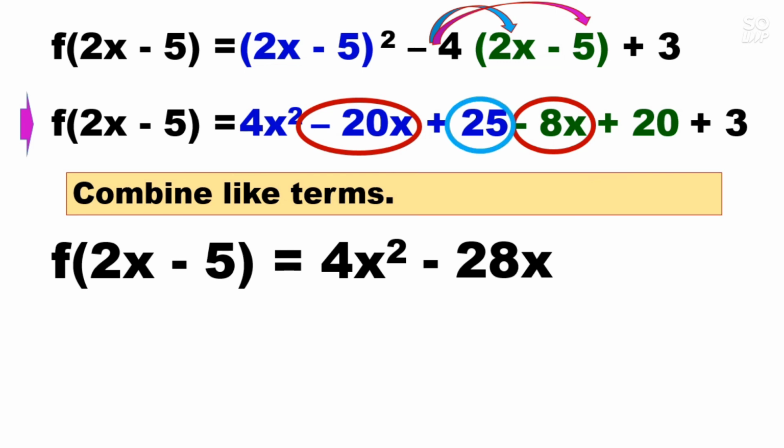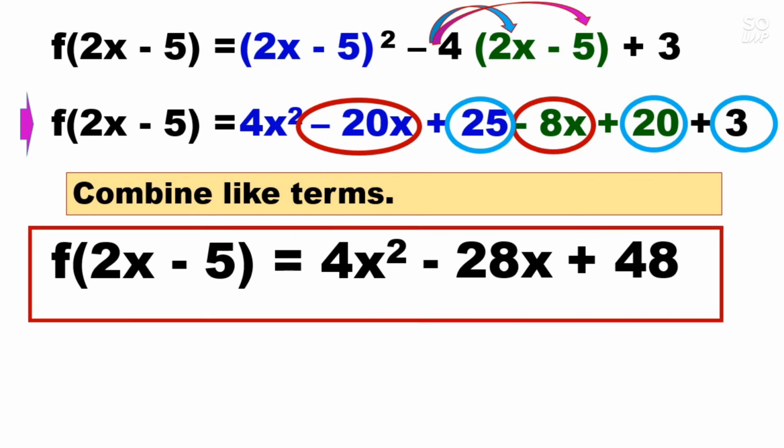And we have 25, 20, and 3. So, we add 25 plus 20 plus 3 equals 48. Therefore, the answer is f of 2x minus 5 equals 4x squared minus 28x plus 48. Okay, so that is how to evaluate functions.